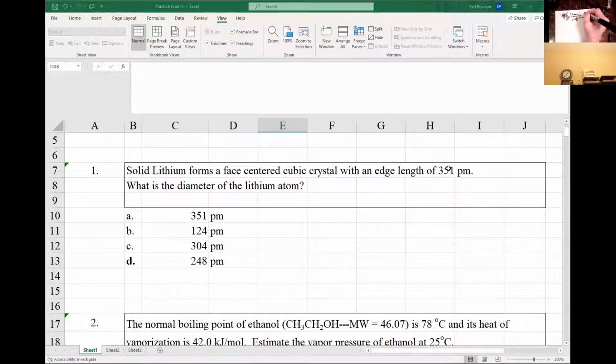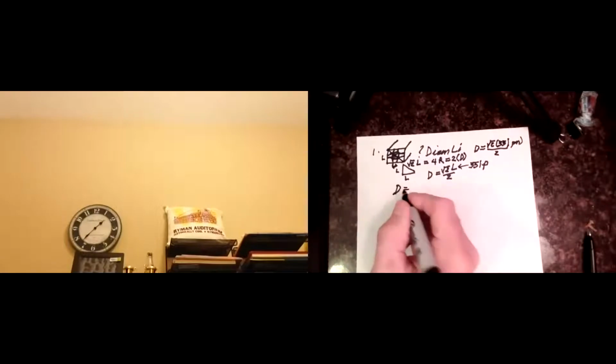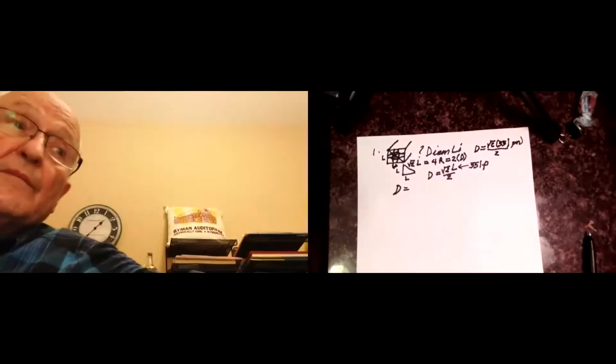So the diameter is going to be the square root of 2 times 351 divided by 2. So I can solve for the diameter of the atom.